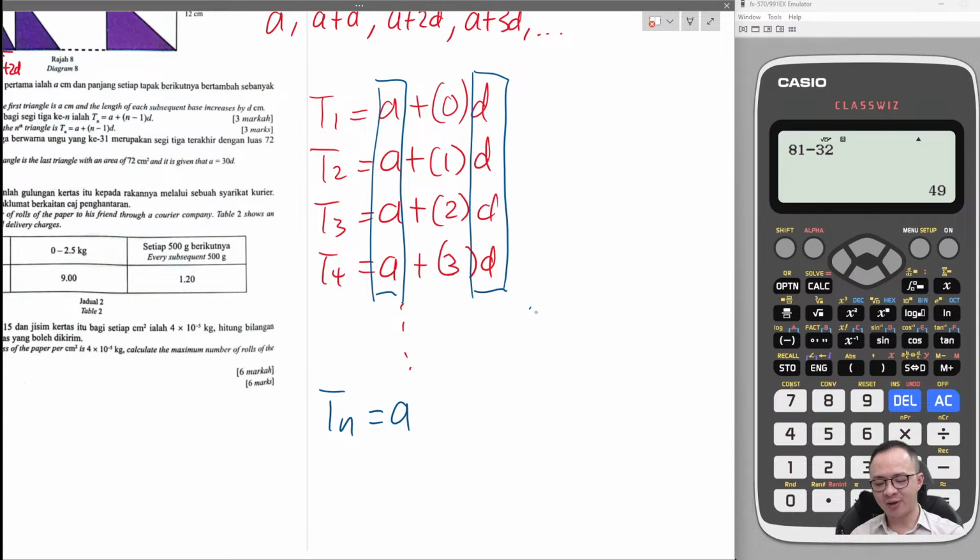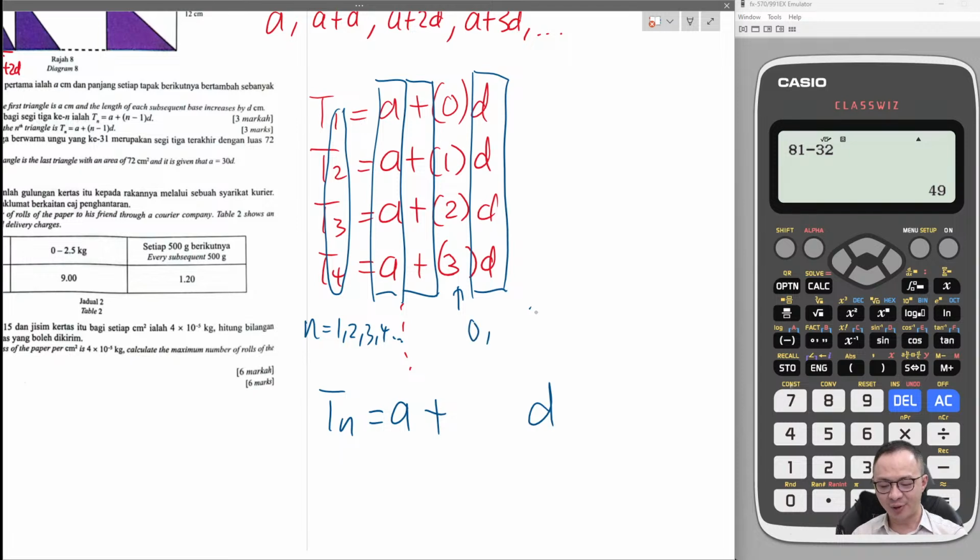The constant D must be there. And the plus also must be there. But we have a slight problem. When n equals to 1, 2, 3, 4 and so on, this number actually becomes 0, 1, 2, 3. You can see the number here is one less than the n, isn't it? That means if I plus 1 to all the numbers here, I literally get the n, isn't it?